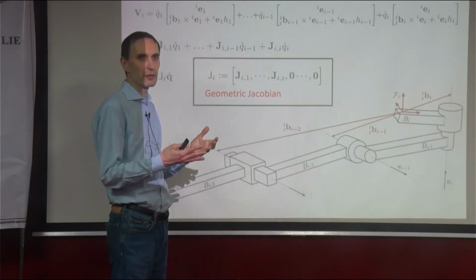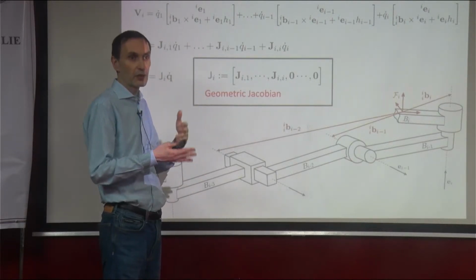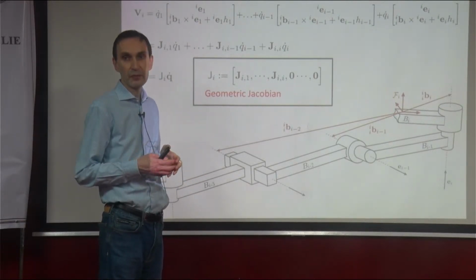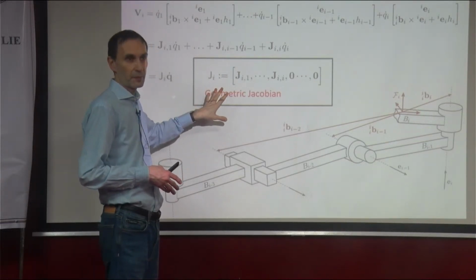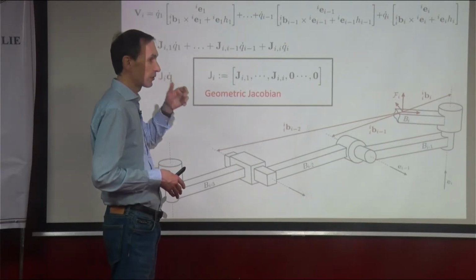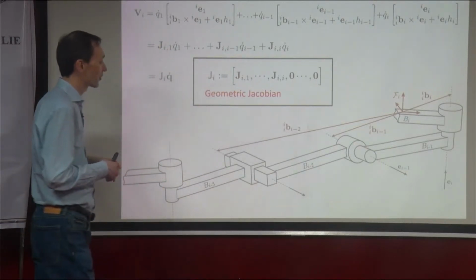There are no partial derivatives in here, which makes life easier because you don't need symbolic algebra, whatever stuff you normally use. That's why it's called the geometric Jacobian. Of course, it is the same as if you would take the partial derivatives. You can do this, but you don't need this.